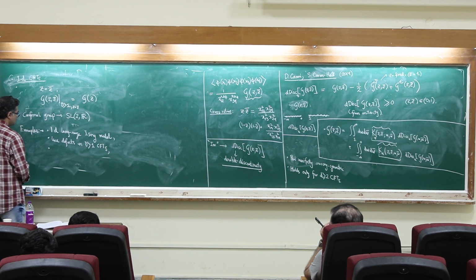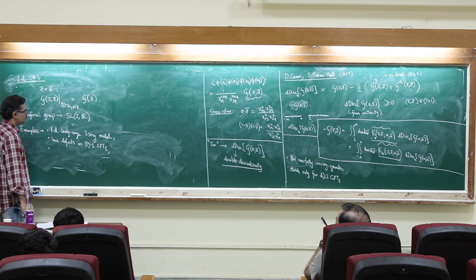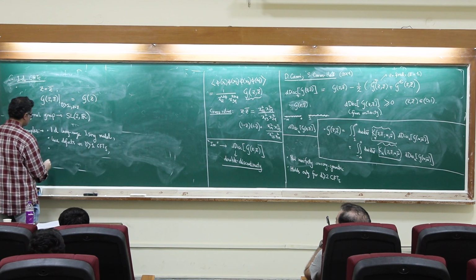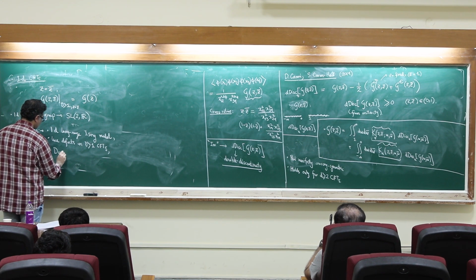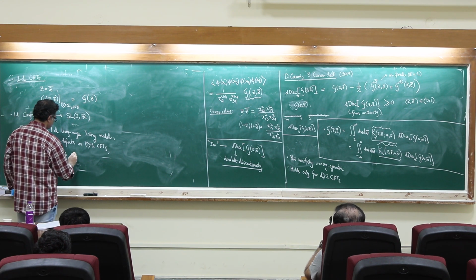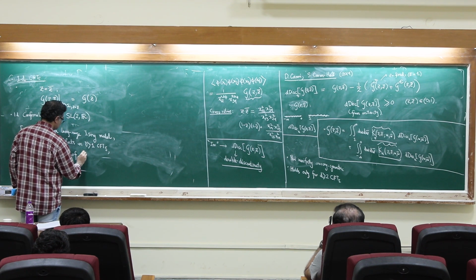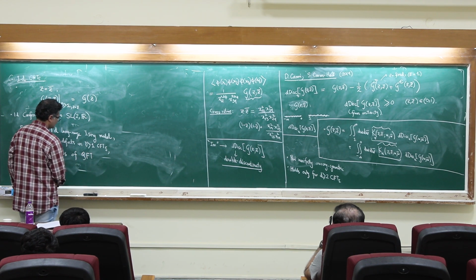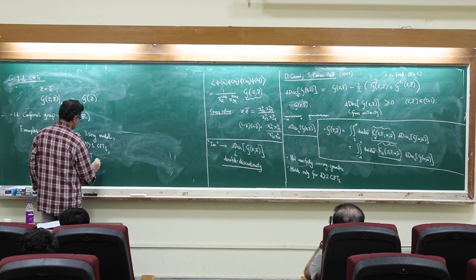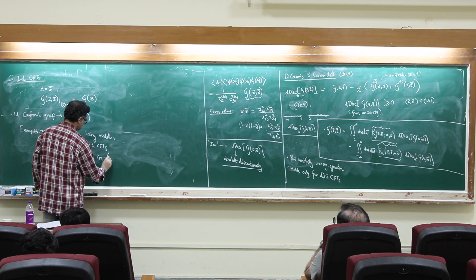And another example is that one-dimensional conformal field theories can be thought of as holographic duals of quantum field theories in two-dimensional anti-de Sitter spacetimes.